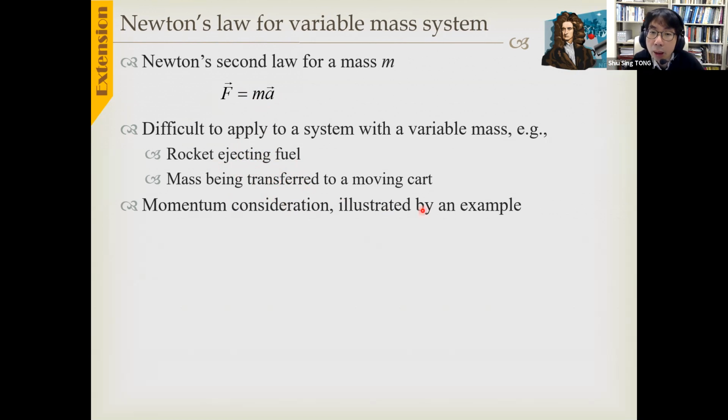Now we shall illustrate it by using an example. We will not discuss a general case. We will discuss an example of the motion of a rocket ejecting some fuel. We'll see how we handle this by using a momentum consideration.